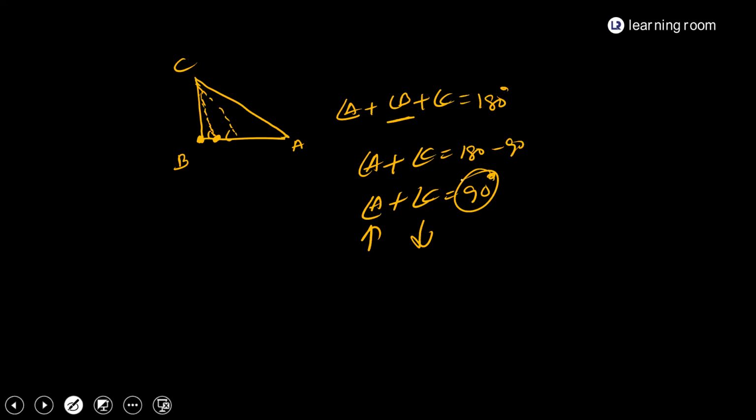It will be 0. That's a degenerate case of the triangle. The degenerate case of a triangle is a line.